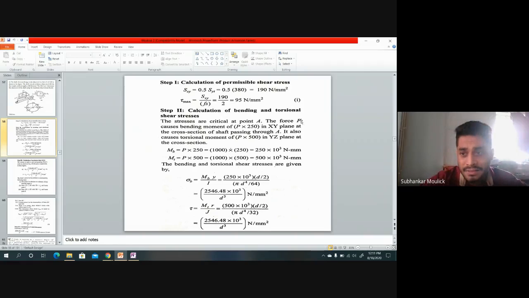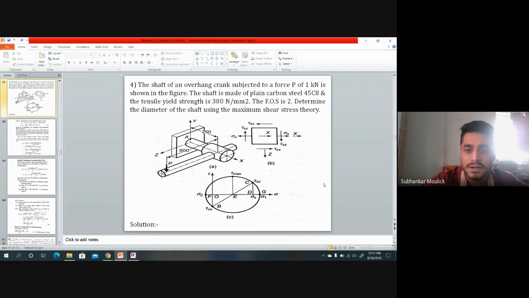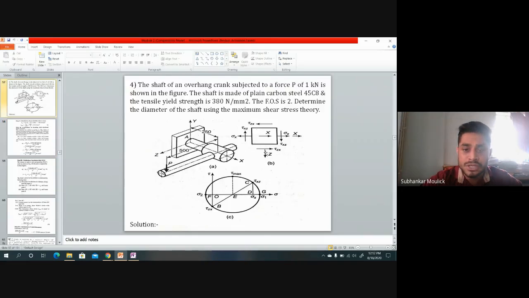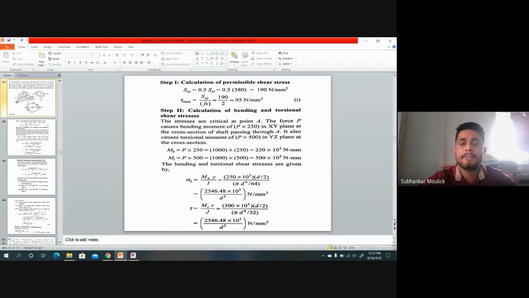That means the maximum permissible tau max of the problem cannot exceed 95 Newton per millimeter square. And this maximum value, 95, I have to equate with the maximum shear stress of the problem, which I will find with the help of Mohr circle. Is it clear?